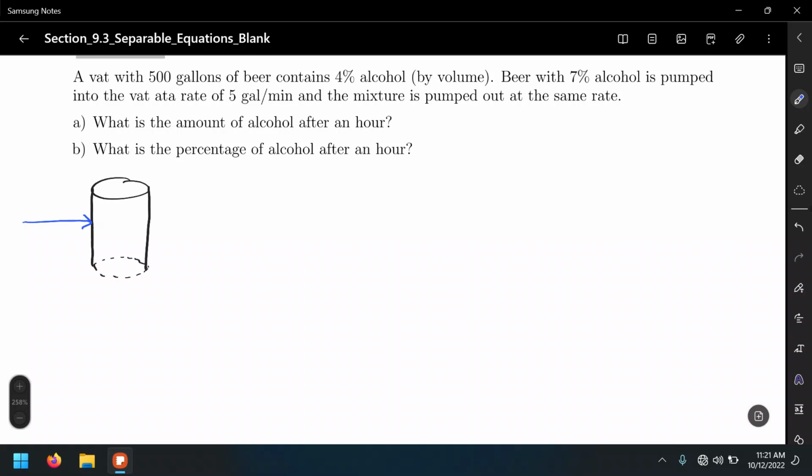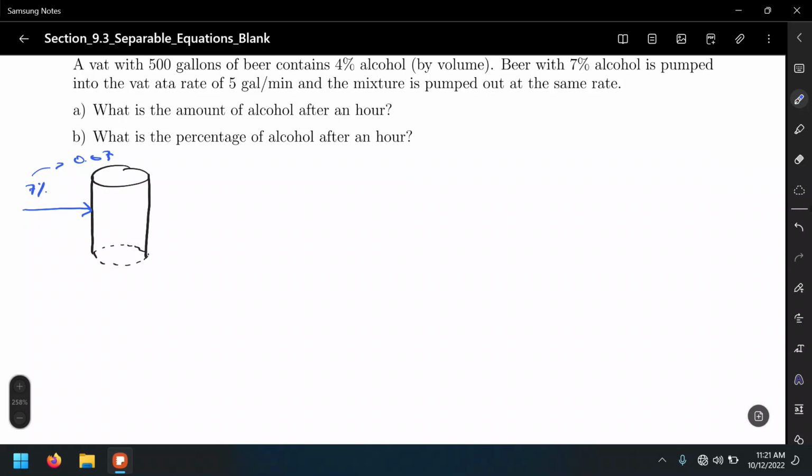We have beer that is 7% alcohol coming in, which means 0.07 in decimal form. Recall that we don't use percentages in our formulas. We use decimals. Well, in one situation we're going to use the percent anyway, but I'll explain why. And it's coming into the vat at a rate of 5 gallons per minute.